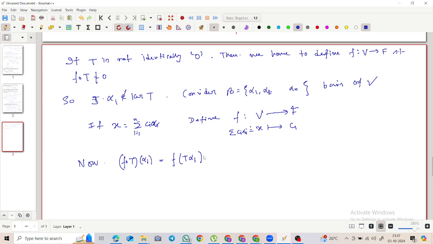T alpha 1 is non-zero, right? Yes. Then what? My point is T alpha 1 is not 0, but we supposed to have T alpha 1 not equal to 0, right?